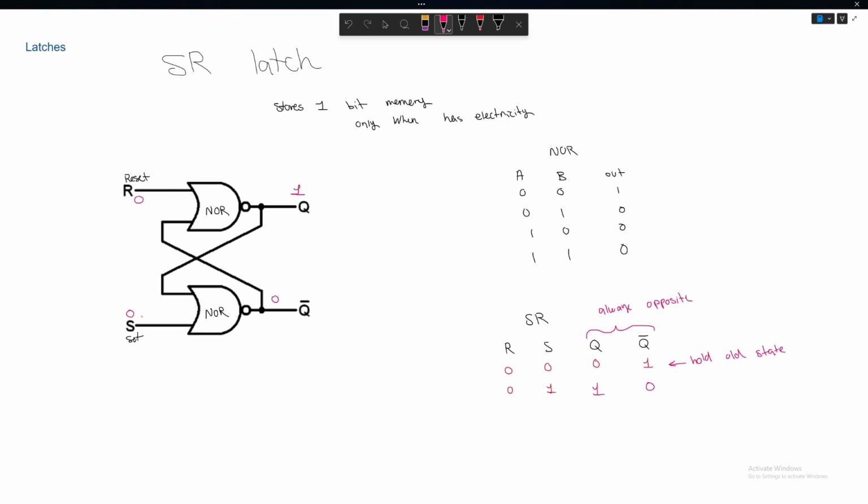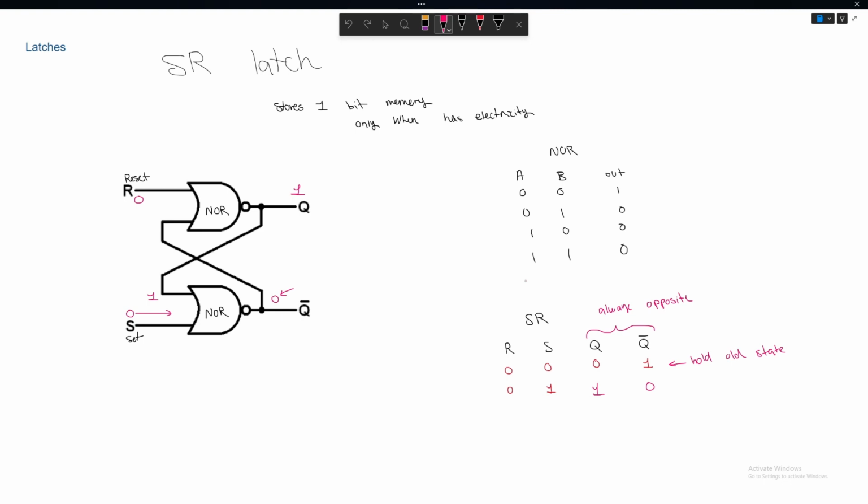And so what will happen is this will be 0, and then here, this will bring in 1. 1 and 0 is 0. 0 and 0 is 1. You see, it didn't change. And so the set will only set it to 1. But when both of them are 0, this will always stay the same as what it was before. It won't change. But when I set my set to 1, then it will change the output.